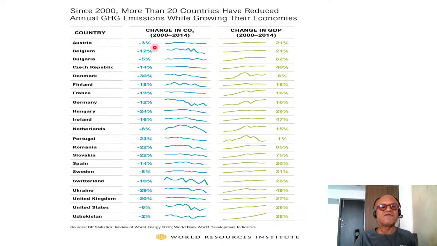So you can see that various levels of change in CO2 have occurred, and all are negative numbers here, because these are the countries that have grown their GDPs at various levels, while in the meantime decreasing the annual greenhouse gas emissions. Obviously there are lots of details, because we are just comparing 2000 versus 2014. It's not an absolute reduction, it's a relative reduction, right?